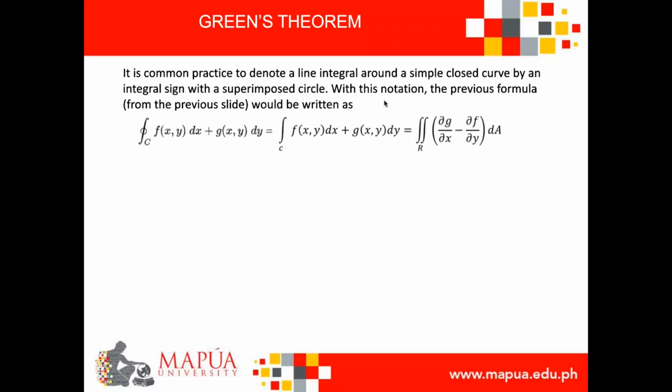With this notation, the previous formula is written as: the integral of f(x,y) dx plus g(x,y) dy, with the integral sign having a superimposed circle, along the curve C is equal to the double integral of the quantity partial g with respect to x minus partial f with respect to y, times the differential dA, along the region R.